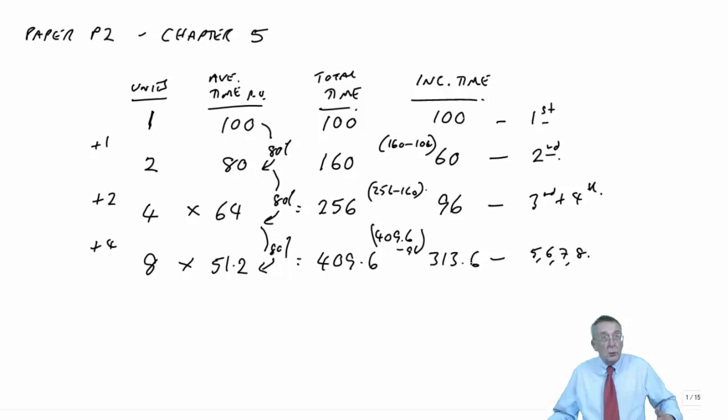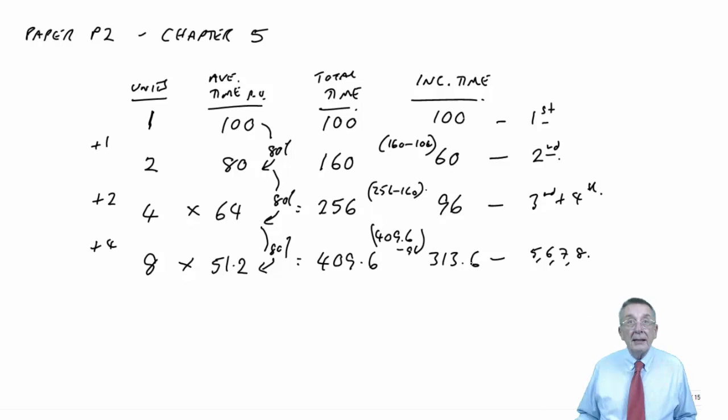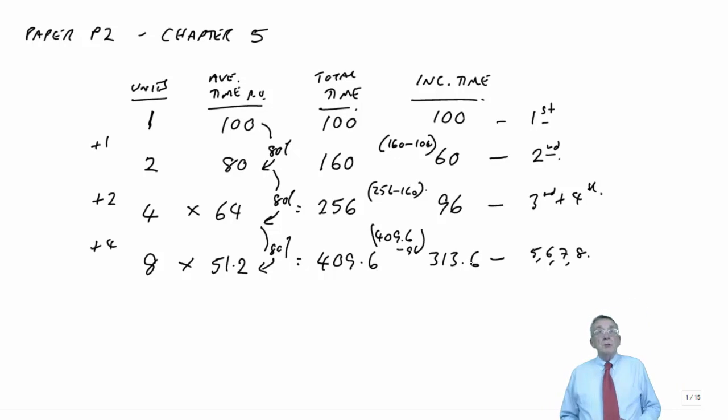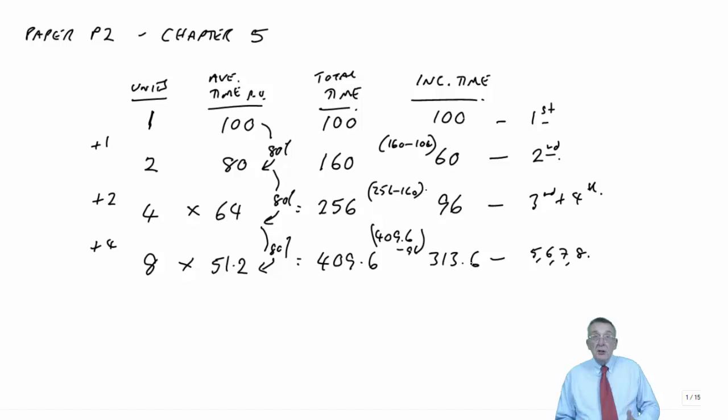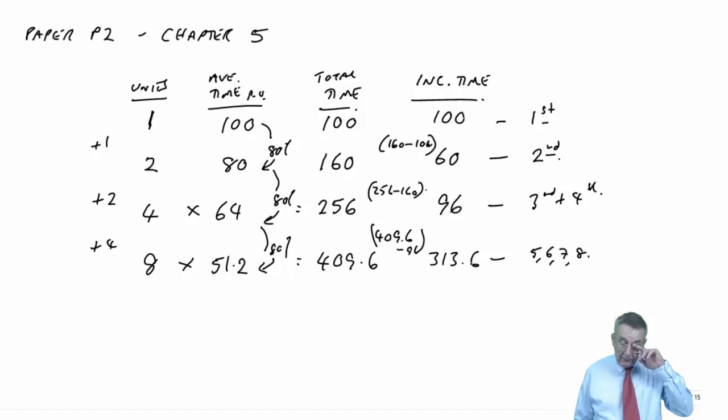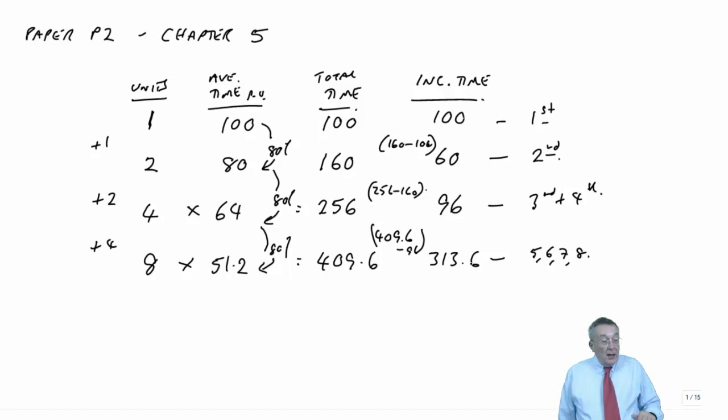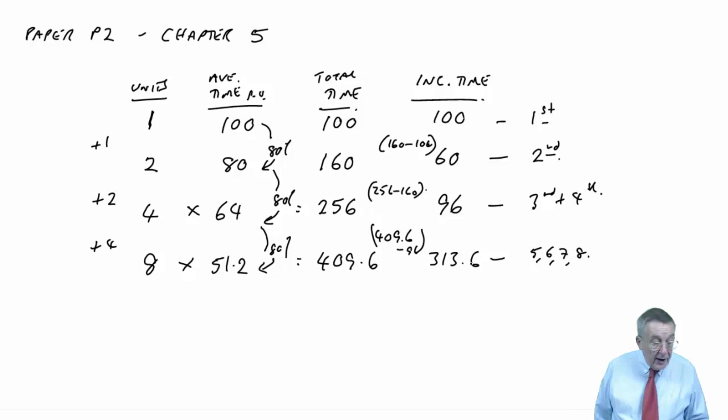The final 4 in total take 313.6 hours. Which is why there is later a formula which we'll look at, which will allow us to get individual units. But you still need to be able to use this doubling rule. Look at example number 3.